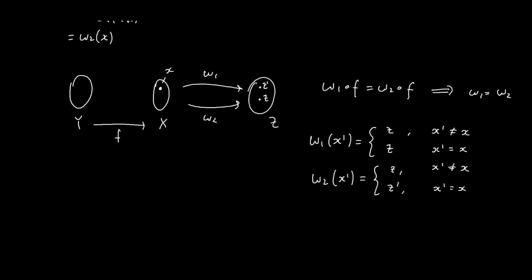Now, the result of these definitions will be that if x is not in the image of f, right, then for such x primes that are not in the image, you see w1 and w2 are defined the same way. Then w1 composed with f will equal w2 composed with f.